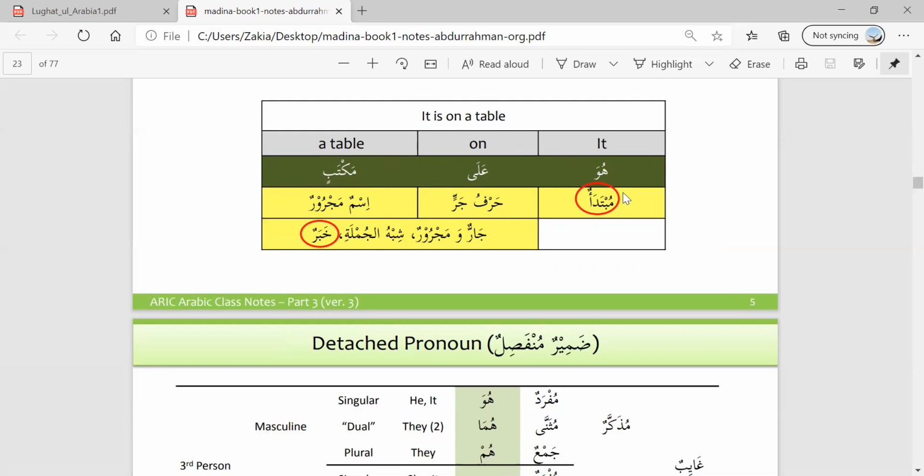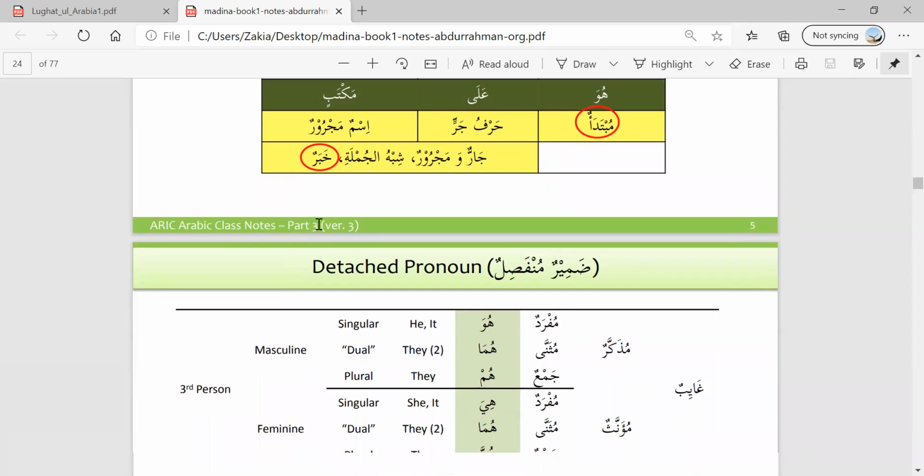Huwa ala maktabin. Huwa is mubtada here. Again, it's a subject. Harf jar, preposition, and then maktabin is a majroor, and it's also the khabar. So we're talking about the maktabin, a table, and we're talking about something being on top of that table, and that will take a genitive case.